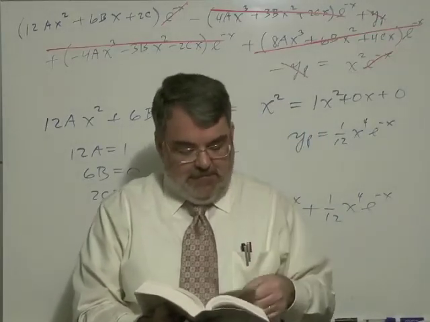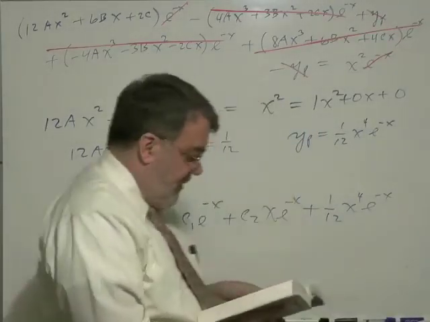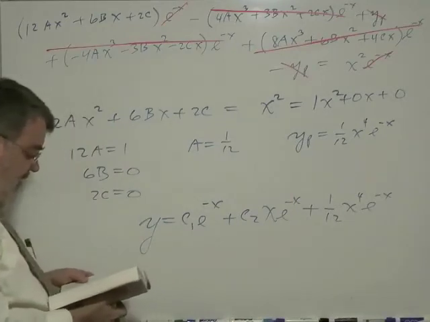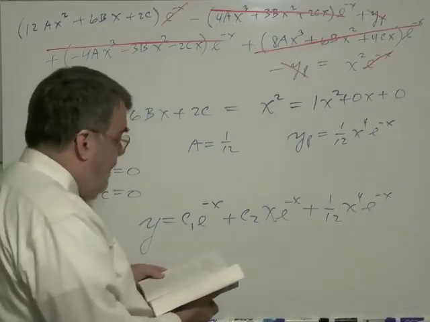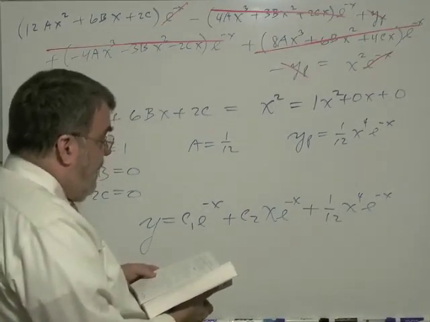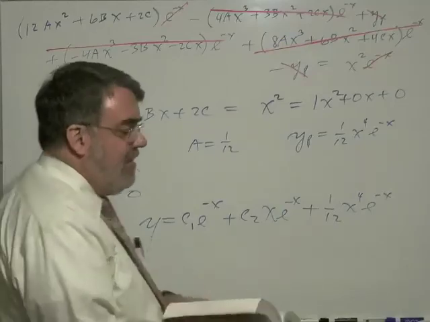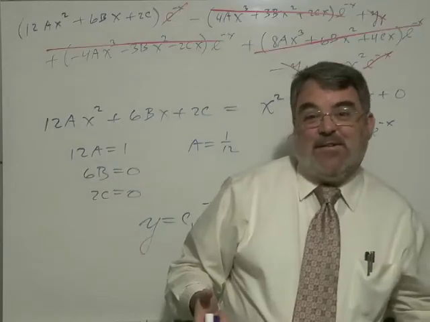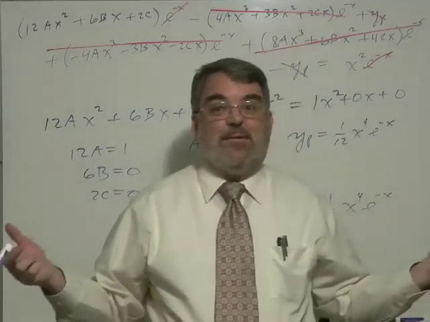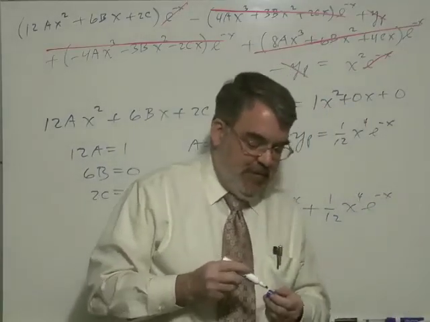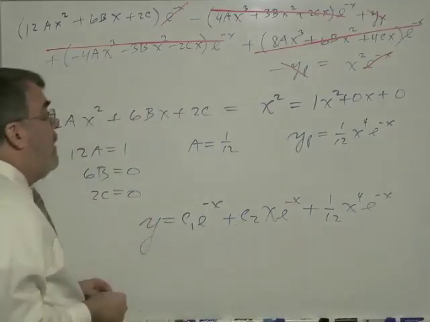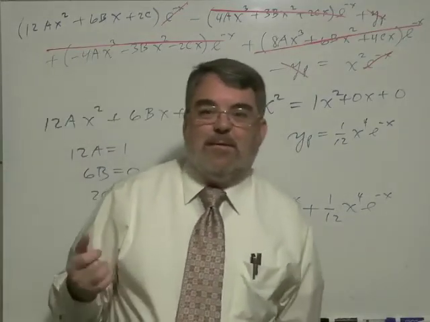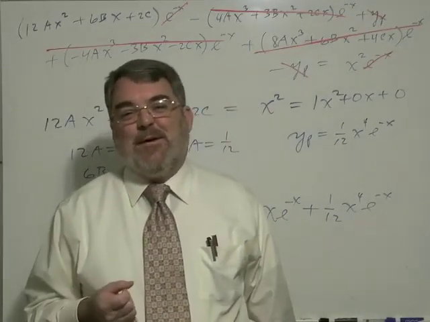Number 17 is c1 e to the minus x, c2 x e to the minus x, and x to the fourth e to the minus x over 12. Got it right. So, as I like to say in a regular class, we restored the universal harmony. So, there you have it. That's a pretty grisly problem.